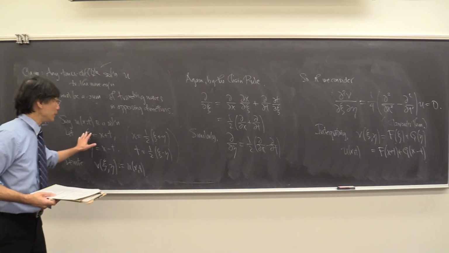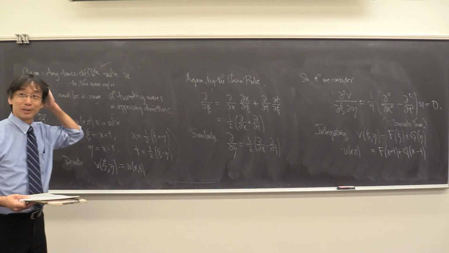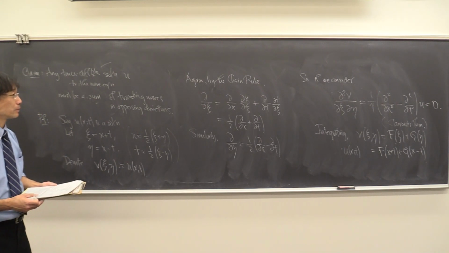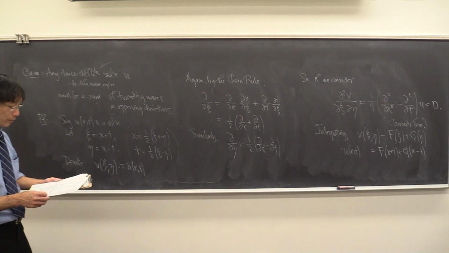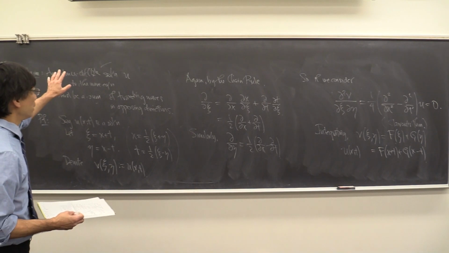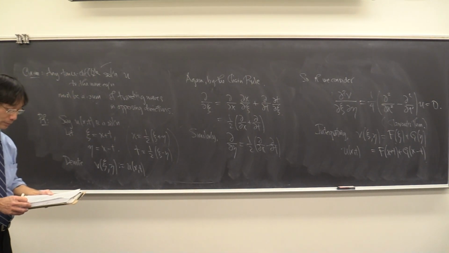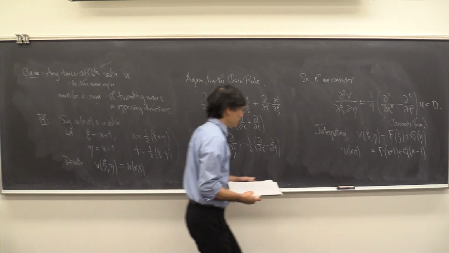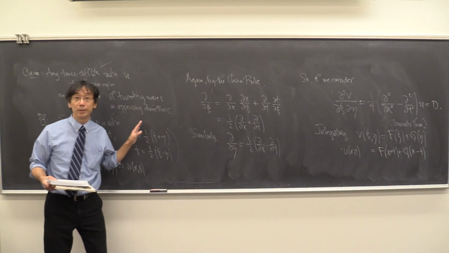Okay, so this is just the chain rule basically. So if you have a solution, then it must be a combination of waves in opposite directions. Okay, so is that okay? Everybody all right with that?